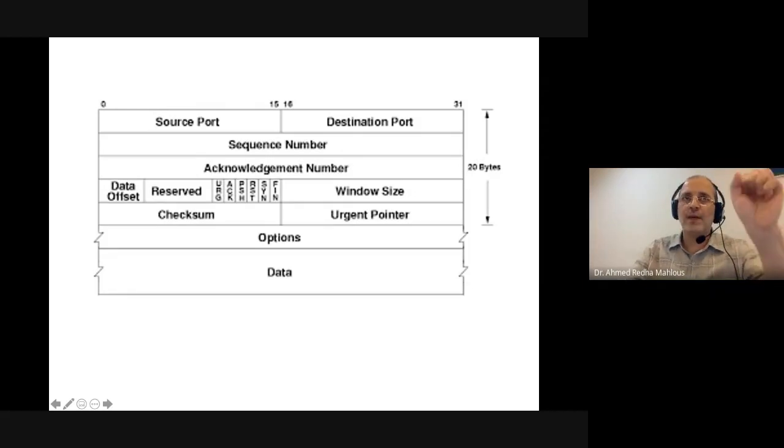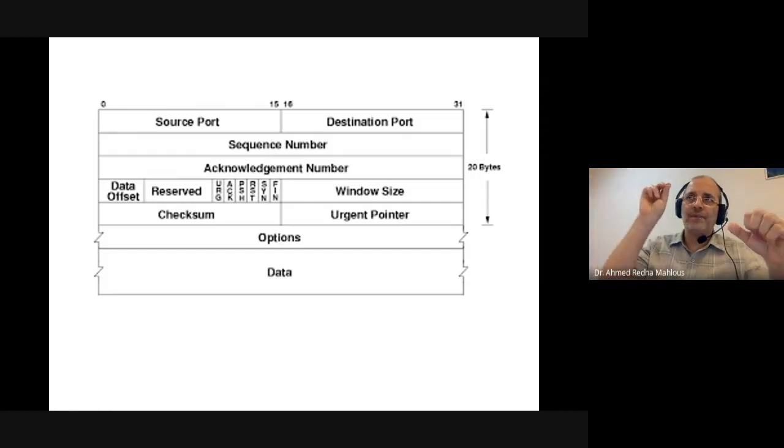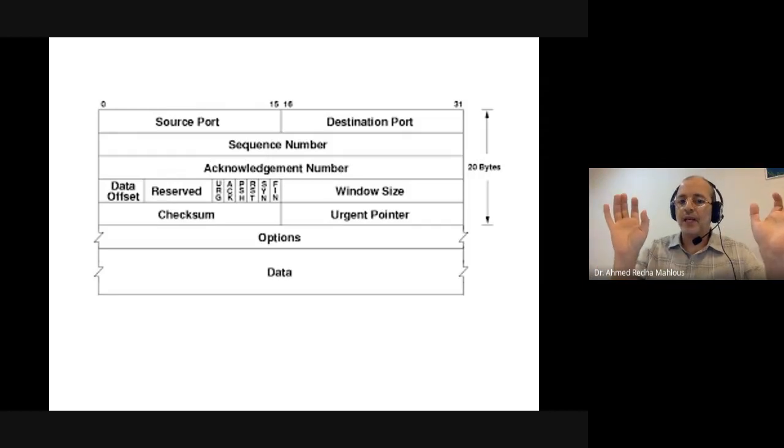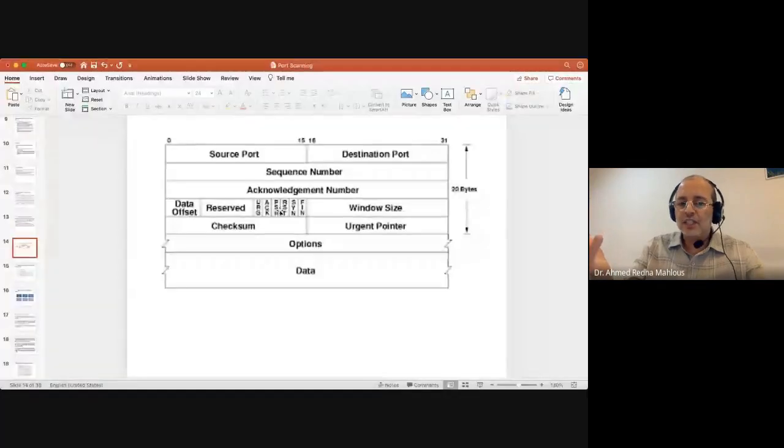If it is 1, that means your packet has this flag; 0 means it doesn't have this flag. If I want a combination of flags, for instance RST and ACK, which is acknowledgement and reset communication, I will put 1 in those fields and 0 in the others, like 1 0 1 0 0. Based on the flag bits assigned to that specific field, the other party will know what type of packet it is receiving, and it will know how to deal with such a packet.